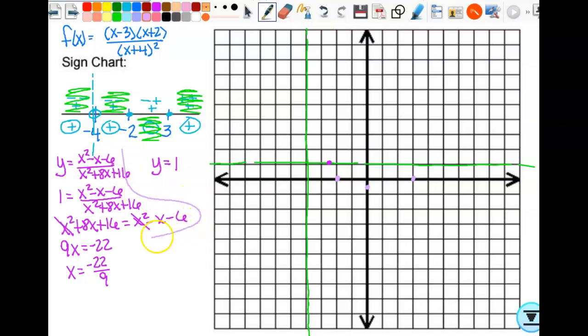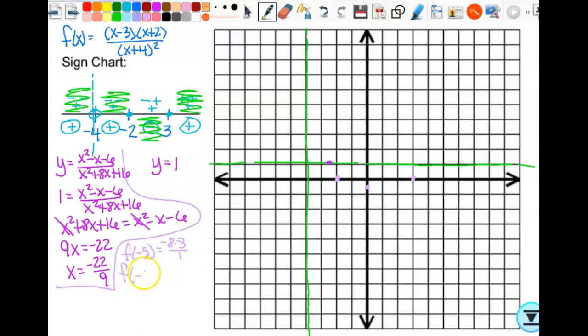So f of negative 5 is going to be negative 8 times 3 over 1, times negative 3. So that's going to be 24. So at negative 5, I'm at 24. That is way off my graph. So that does not help me at all.